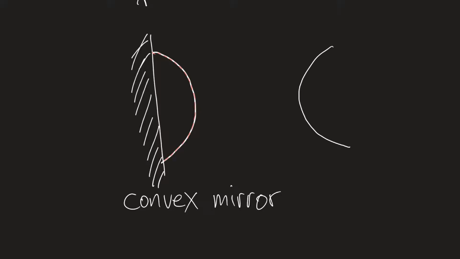So this mirror in particular is called a convex mirror. Let me use a different color here. Convex mirror. And then the other type of mirror that you might see is called a concave mirror. And it would look like this.